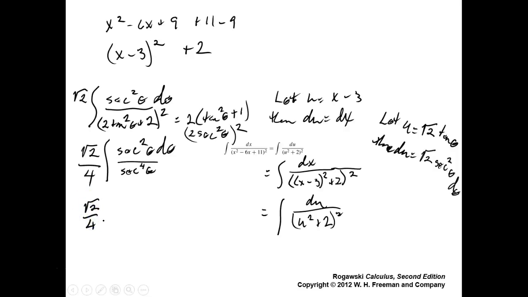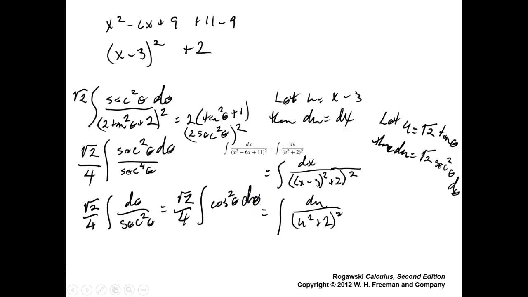You could do other things with it, but I don't see anything wrong with that. And this would be d theta over secant squared theta. But what is 1 over secant squared theta? Cosine squared theta. So it's square root of 2 over 4 times the integral of cosine squared theta d theta.